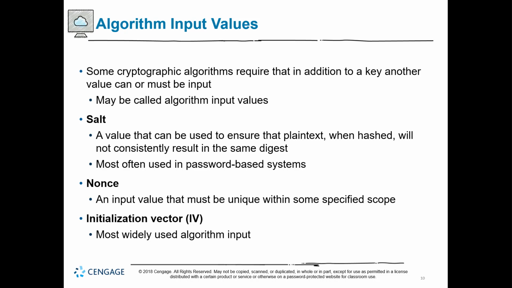Cryptographic algorithms do require additional information beyond key values. Sometimes these algorithms require specific input values. Salt is a good one. Salt is a value that can be used to ensure that plain text, when hashed, will not consistently result in the same digest.